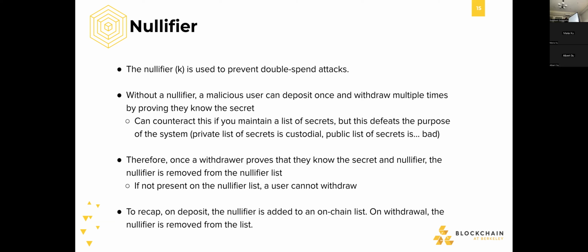Because if you generated just one random value R, then what a withdrawer could do is, if they knew R, they could just say, okay, I know R, so I can compute the hash of R. This checks out, so give me back my money.